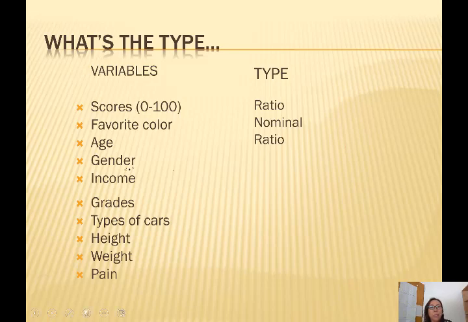It would be ratio data because age begins at 0, and 0 means the same thing to everybody, the point of beginning, right, of a life. Age would be ratio, with the starting point of 0. And gender would be nominal because it's categorical, and nominal because it has just categories.